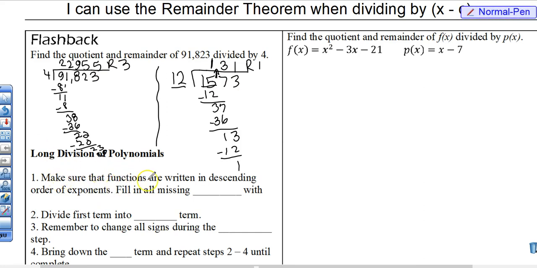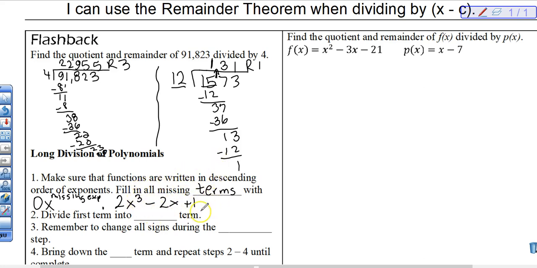Make sure that your functions are written in descending order of exponents. Fill in all missing terms with 0 times x to the missing exponent. Whatever it is. So for example, if I have 2x to the 3rd minus 2x plus 1, well, that's in descending order, but it needs to be descending exponent 3, exponent 2, exponent 1, exponent none.